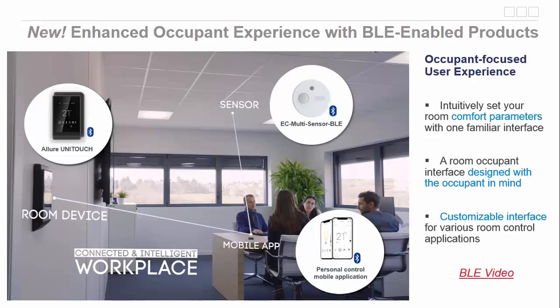And all these products are easy to install and to customize depending on the application that you have in the room. For instance, if you don't have any lighting and sunblind in your room, the user interface would be very easy to customize to have something very relevant regarding the application.